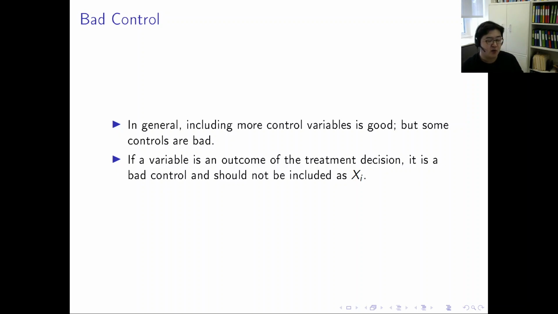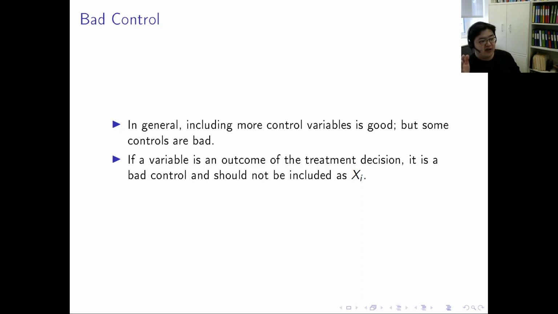In this video, I will discuss section 3.2.3 about bad control. So in the previous video, in the first video, we learned we have to include covariates or control variables x in the regression.